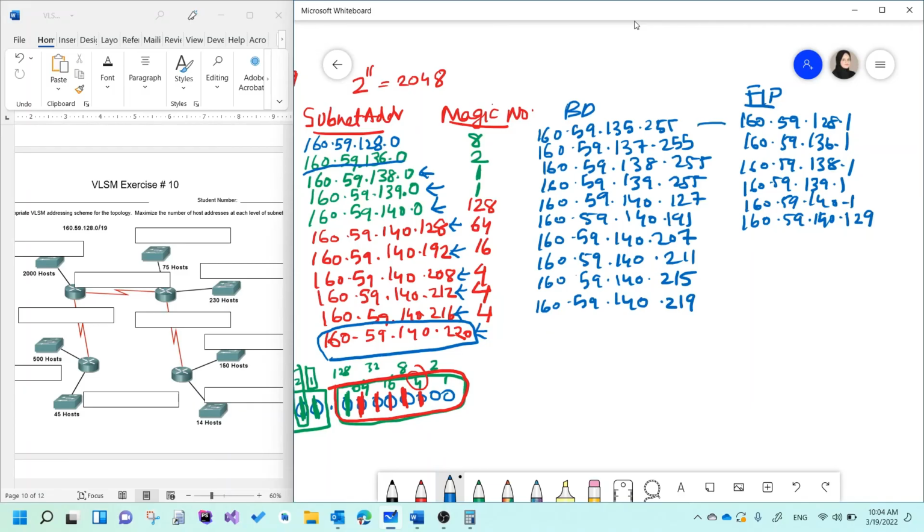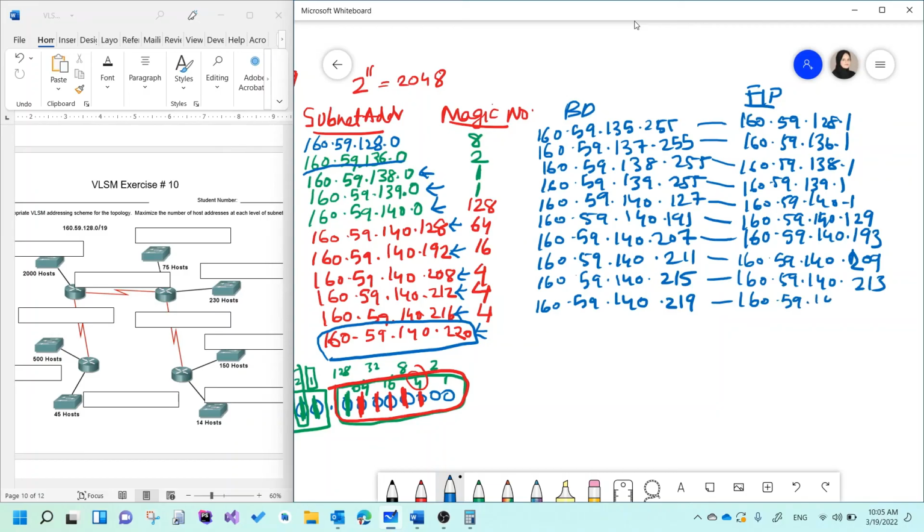I think I messed it up. So this one is for this, and then this one, and this one is 160, 59, 140, 193, 160, 59, 140, 209, 160, 59, 140, 213, and this one would be 17.